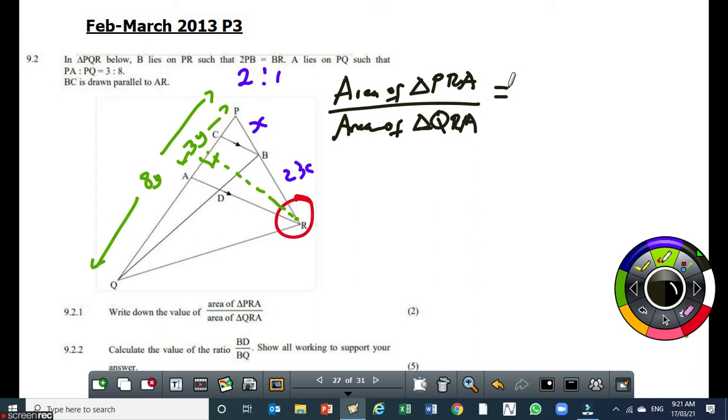I can write that that ratio is going to be equal to PA over QA. And my reason for this is just to write same height. If they have the same height, it means that the ratio of their areas will be equivalent to the ratio of their bases.